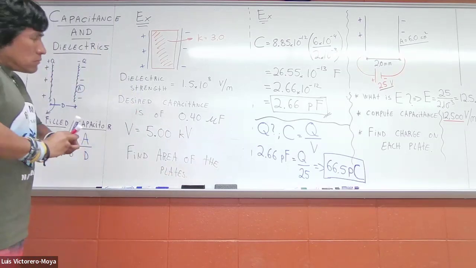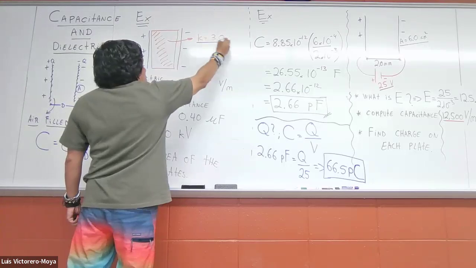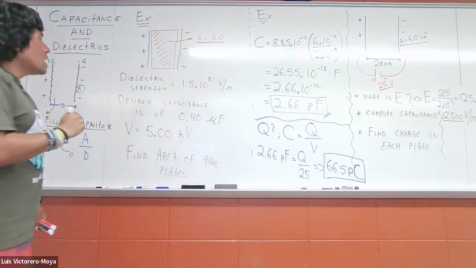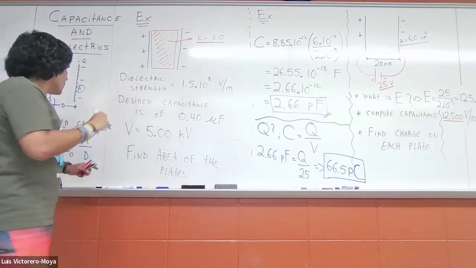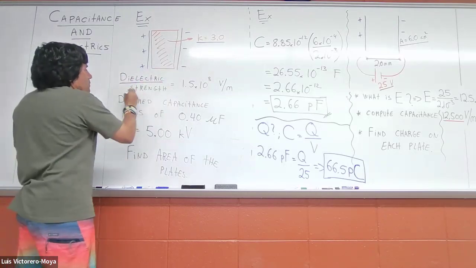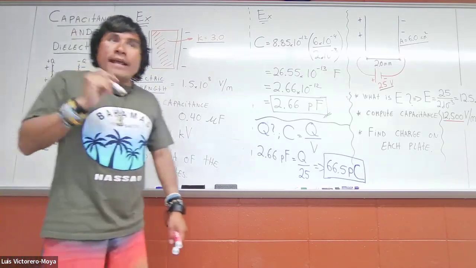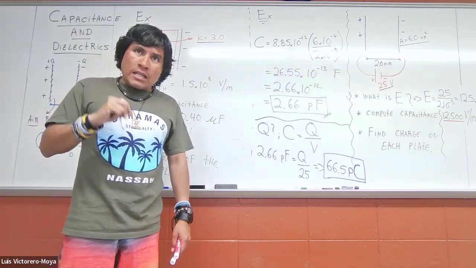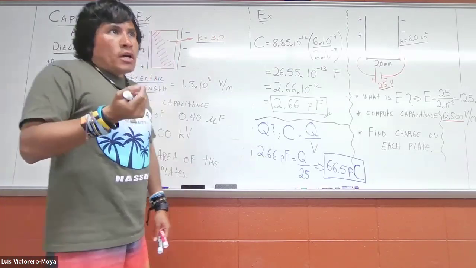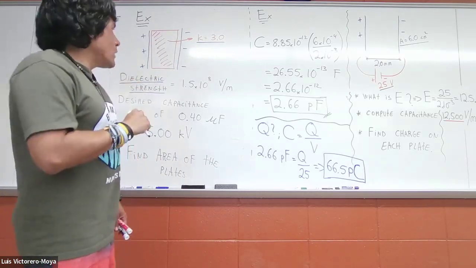Okay, so quite some information here, right? That the dielectric constant is going to increase the capacitance, but it's also going to change the electric field, the E. This is the dielectric strength. The dielectric strength is the electric field inside the capacitor with the dielectric. So it's the reduced field due to the dielectric.